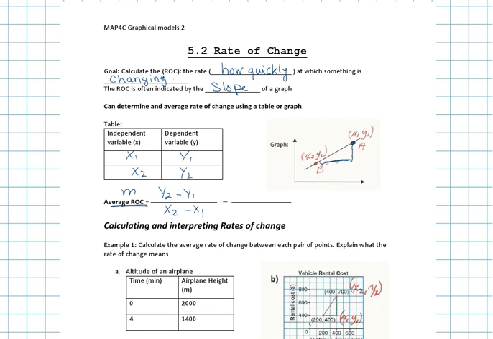So when the question is asking you to find the average rate of change, you're finding the slope of that line, which is the same thing as saying rise over run. So that formula you should be familiar with.